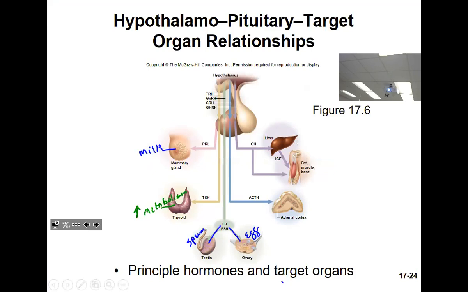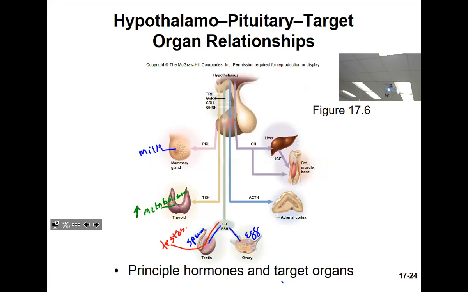Okay. Now, LH, luteinizing hormone. We kind of already got a little hint that men's luteinizing hormone is going to even be bumped up because of their prolactin. But anyway, in men, luteinizing hormone is going to target the testes for testosterone production.